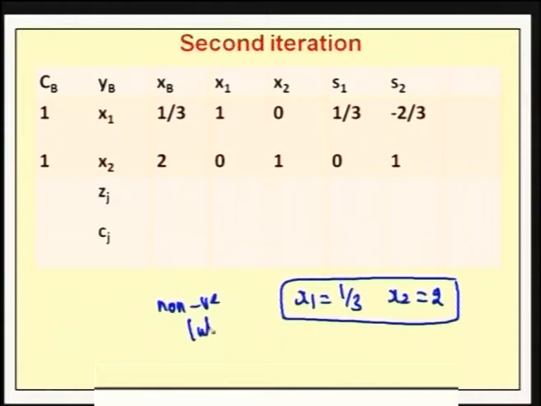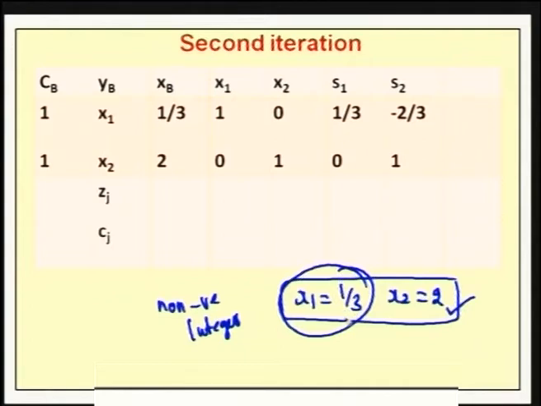Our optimum solution involves x1 and x2 in which x1 takes the value 1 by 3, x2 equal to 2. x2 is an integer, whereas x1 equal to 1 by 3 is not an integer. So, though we obtain an optimal solution, the solution is not a feasible solution.